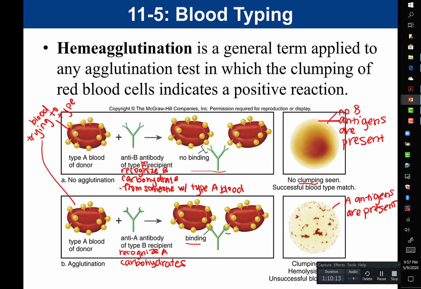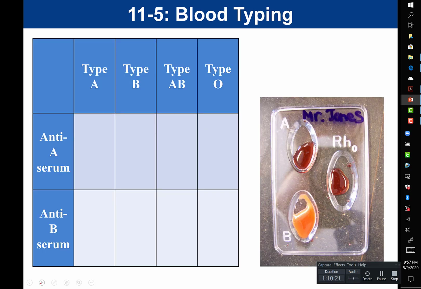So let's walk through and fill out a table for each blood type where we expect to get agglutinations. In this experiment, this top row is blood to be determined, meaning this is the blood that we're trying to type.